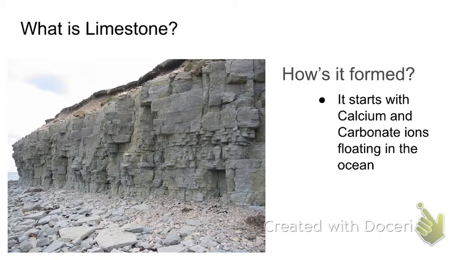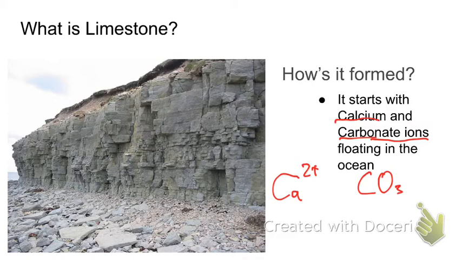Limestone, interestingly, is formed with calcium and carbonate ions floating in the ocean, and they're actually taken up by ocean creatures. So let's see, you've got your calcium, that's calcium 2+, and you've got your carbonate, CO3, that's carbon and oxygen there.